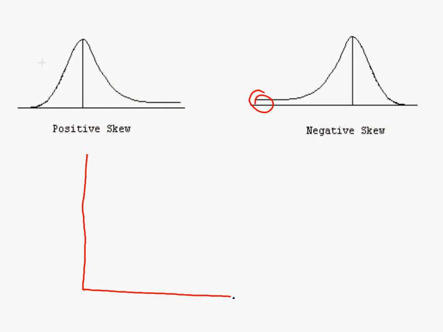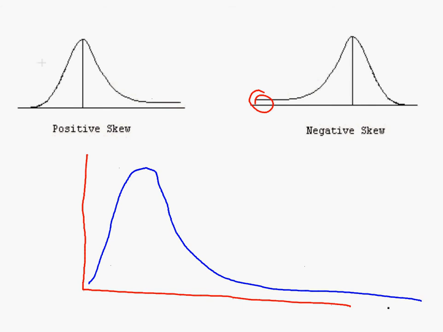So let's try and guess what we're looking at here. Our mean is going to be around here somewhere. And the fact that we have a relatively high standard deviation means that the distribution is going to look skewed, just like the way I've drawn it there.